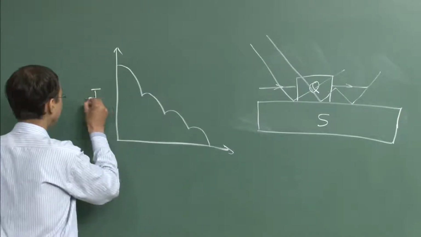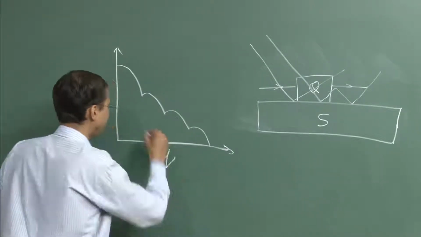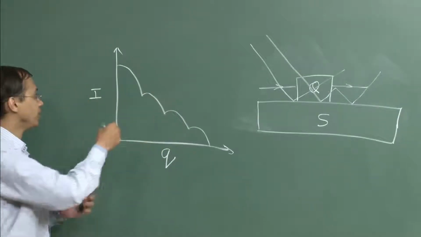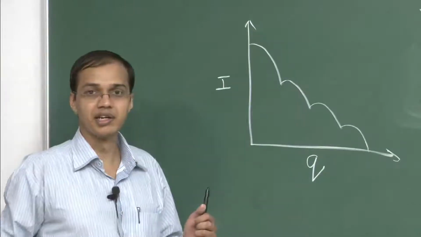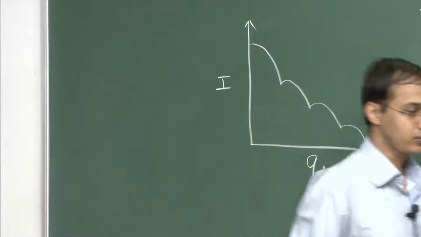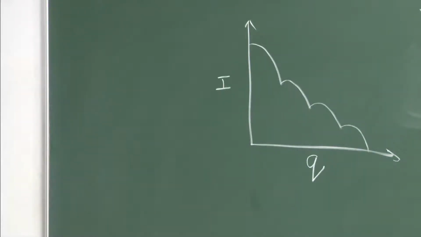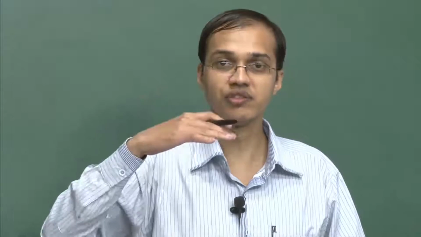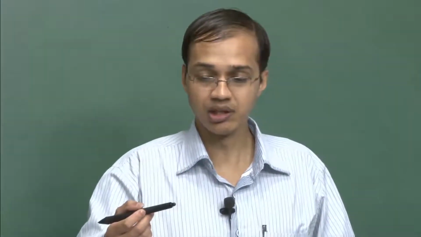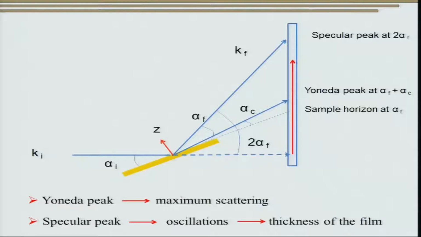This was I versus Q, and this was correlated with the size of the particle in small angle X-ray scattering. Similarly, we can use the specular peak to measure, say, the period, if you have a thin film, like what is the thickness of the individual film. So, that information can be obtained using a specular peak.